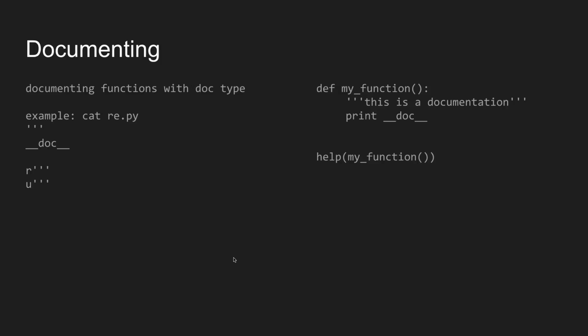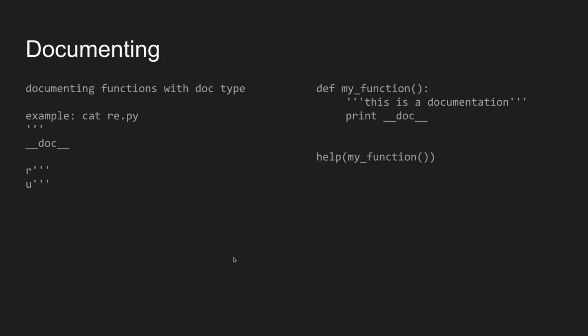A good example of seeing some documentation is the RE module, the regex module, which has pretty good documentation. If you look, you'll see your doc strings at the very top of the documentation, and then every function has a little doc string right after.